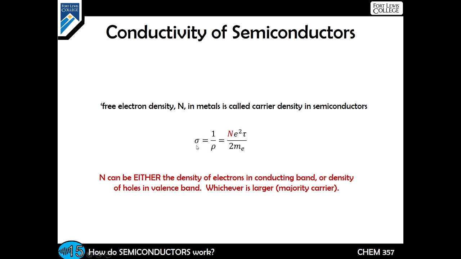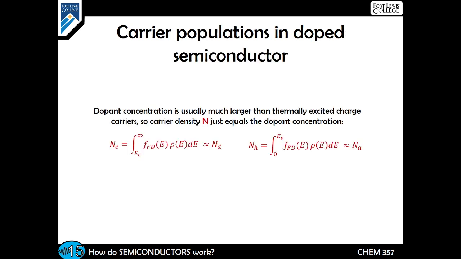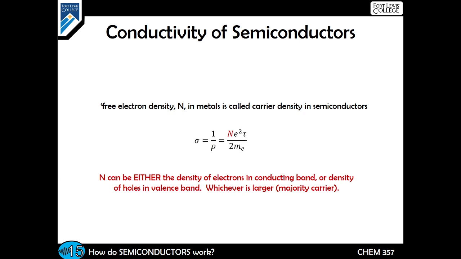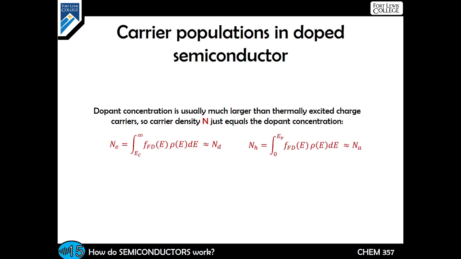So if you're calculating the conductivity of a metal or of a semiconductor, this free electron density N that you've been using for metals becomes the density of your electrons in your conducting band or holes in your valence band, your carrier density. And whichever one of those is higher, that's called the majority carrier. So in an n-doped semiconductor, electrons are the majority carrier, and in p-doped, the holes are.